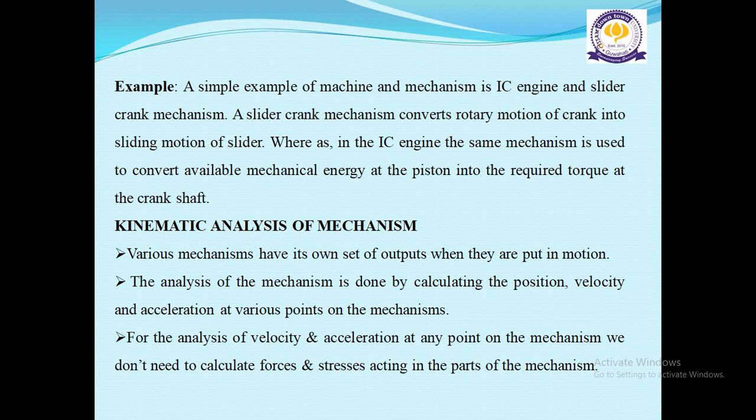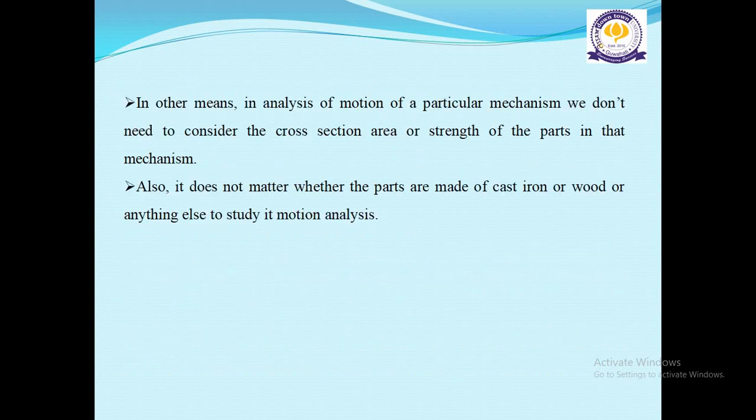The analysis of the mechanism is done by calculating the position, velocity and acceleration. In analysis of motion of a particular mechanism, we don't need to consider the cross-section area or strength of the part in that mechanism. Also, it does not matter whether the parts are made of cast iron or wood or anything else. We should study only motion analysis.